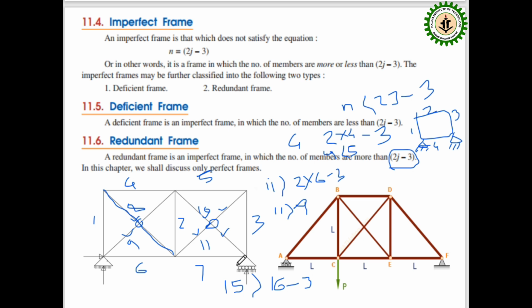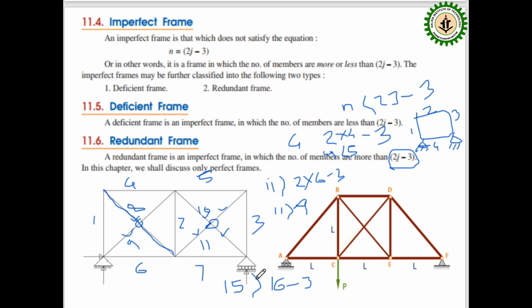As you can see, this is a roller, so if we apply force it will easily move in the horizontal direction. So in a roller support only one reaction force is there.